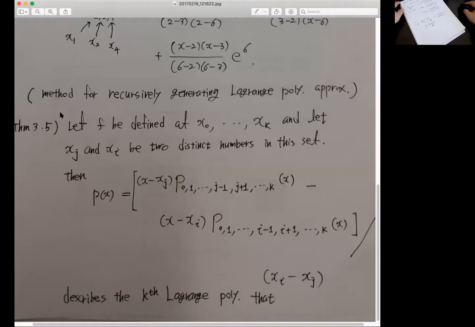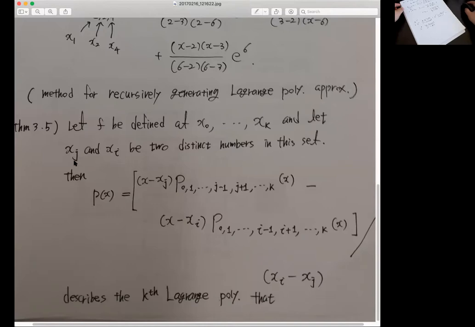Okay, the method for recursively generating Lagrange polynomial approximation, as you can see from the title. The goal is to generate Lagrange polynomial approximation recursively. Let f be defined on x0 to xk, and let xj and xi be two distinct numbers in this set.